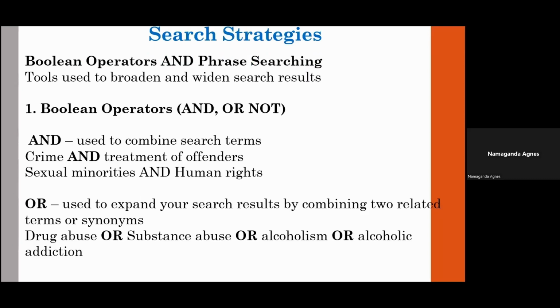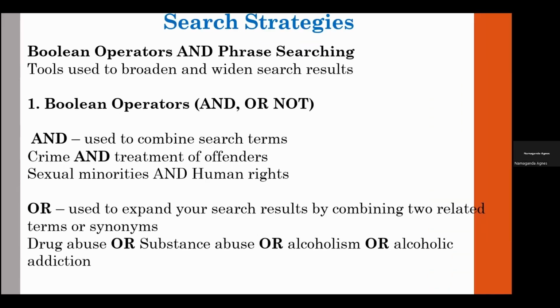I will briefly talk about the search strategies, and these are the Boolean operators and, or, and not. So when you're searching the different resources, you could make use of these Boolean operators. You can use and to combine search terms, for example, crime and treatment of offenders. You can use or to expand your search results by combining two related terms, that is drug abuse or substance abuse.